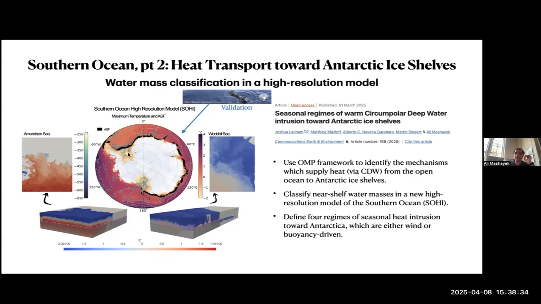But because we go to higher resolutions and we put in the ice shelves, we end up with ice cavities and regions where the parent model, which was SOSE or ECCO, didn't have any data. And then we resolve dynamics in those. And so what Josh did was that he went to the database of seals, MEOP.